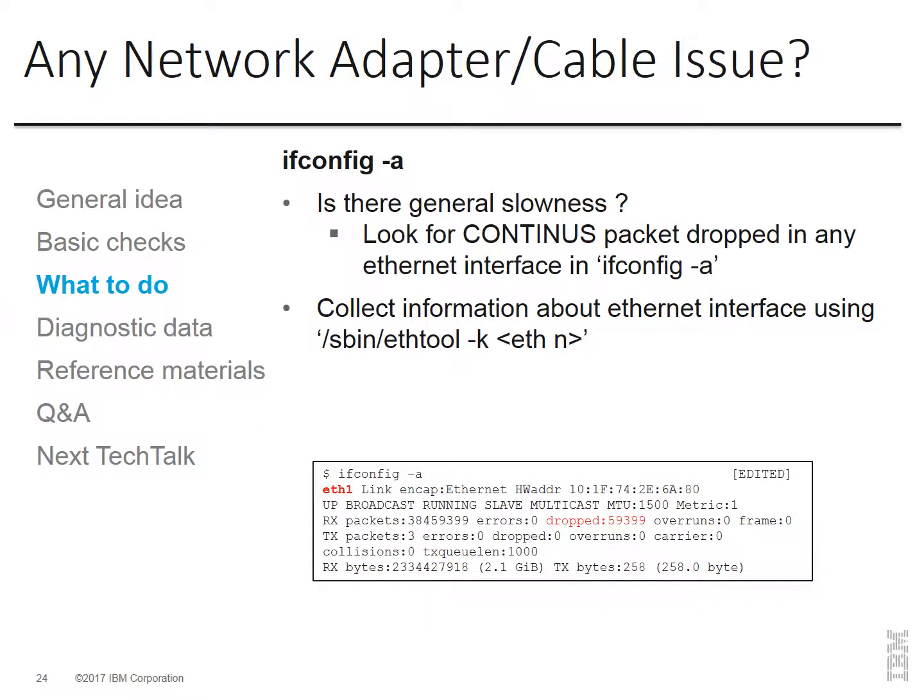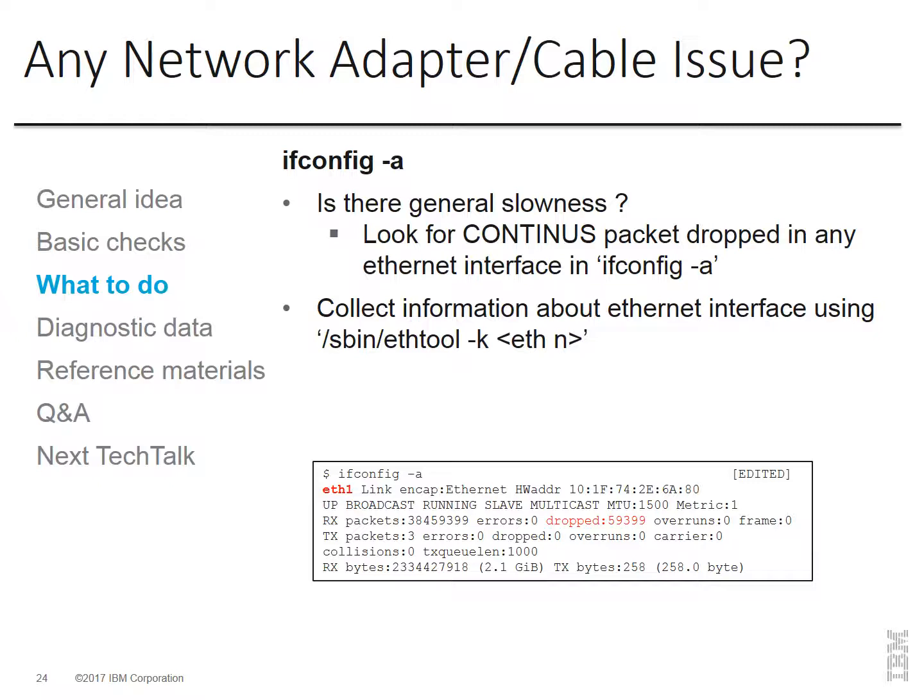You can run into general slowness and performance degradation if any network interface is constantly dropping packets during data transfer. Use the ifconfig command to verify if packets are dropped continuously. It is possible RX and TX show a large number of dropped packets, but it is not necessarily happening currently.